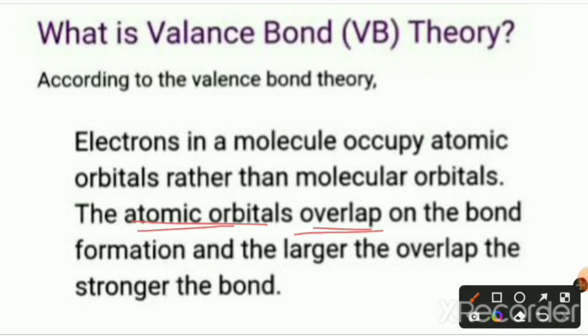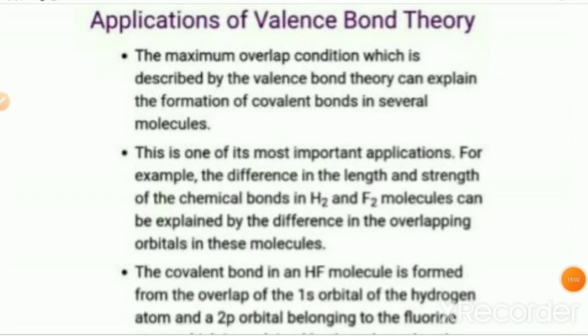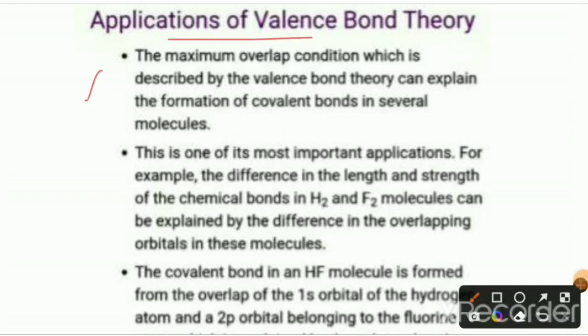As you know, the bond formation is covalent bond, the larger the overlapping. So the first application of valence bond theory is that it explains the covalent bond in several molecules. It means when maximum overlapping is there, then a covalent bond forms. As you know, a covalent bond is formed by the mutual sharing of electrons between the combining atoms, of the same or different atoms.